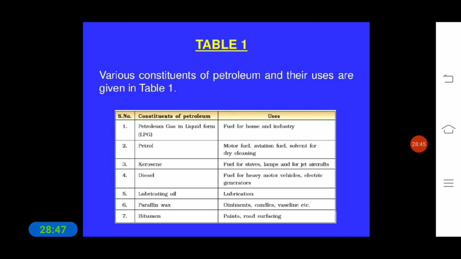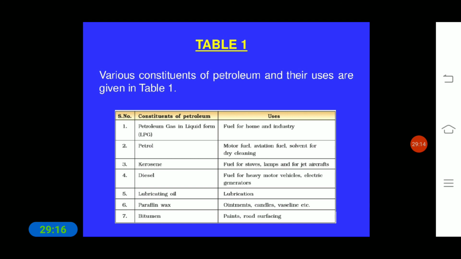The first one is petroleum gas in liquid form, that is liquefied petroleum gas, used as a fuel for home and industry. Petrol is used as motor vehicle fuel, also aviation fuel and solvent for dry cleaning. Kerosene is used as fuel for stoves, lamps and jet aircraft.